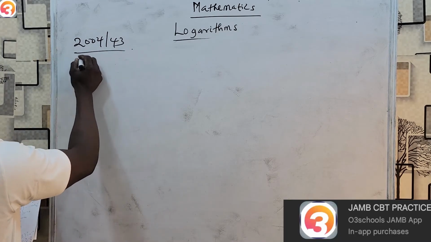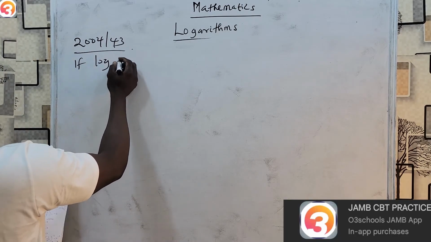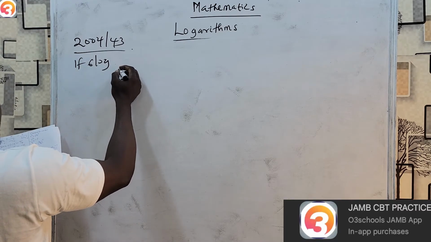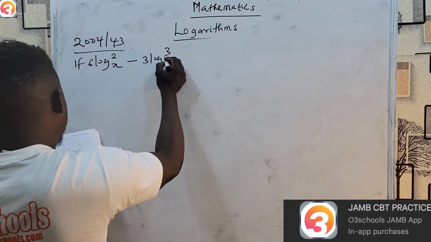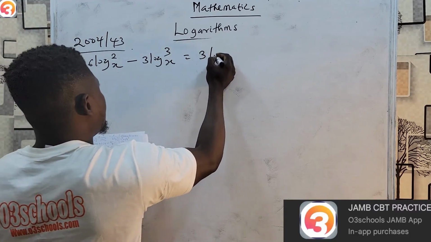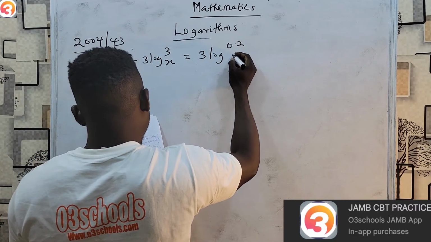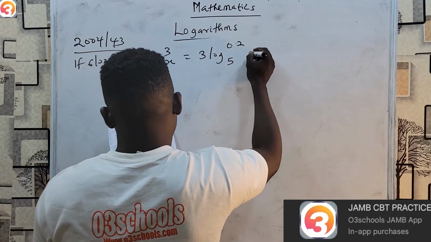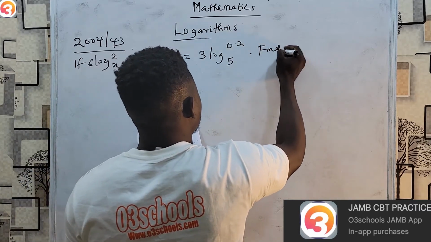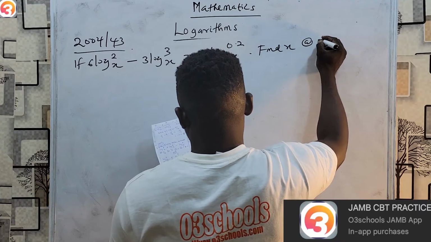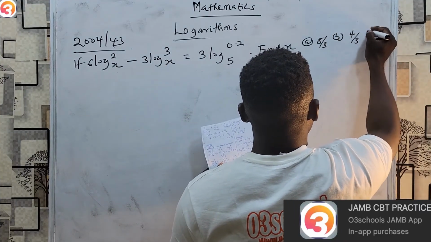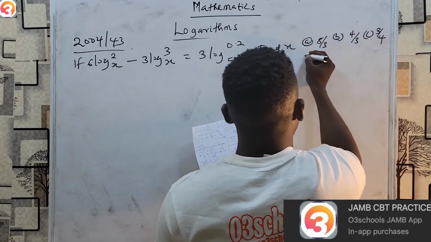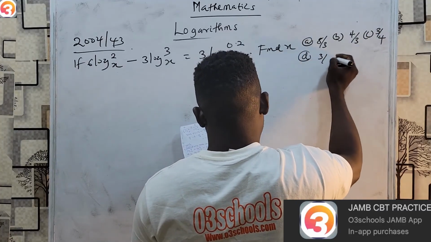They said if 6 log 2 base x minus 3 log 3 base x is equal to 3 log 0.2 base 5, find x. A is 8 over 3, B is 4 over 3, C is 3 over 4, and D is 3 over 8.